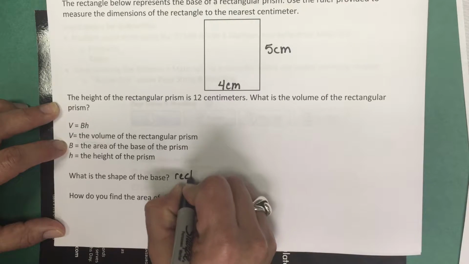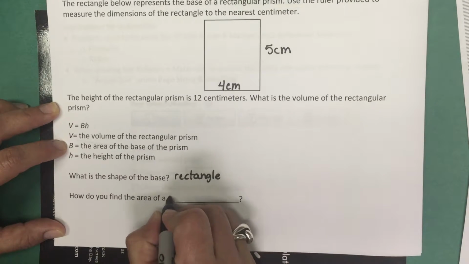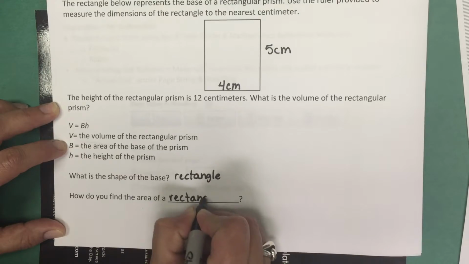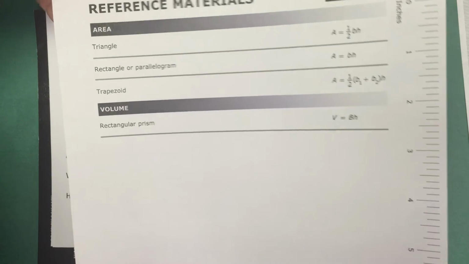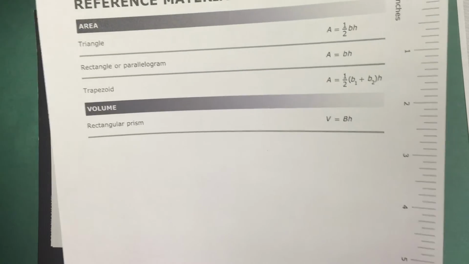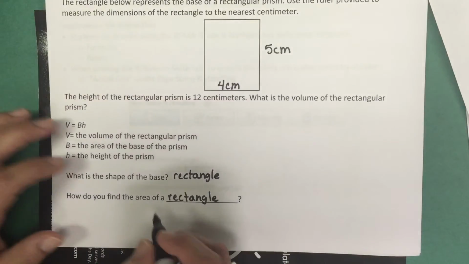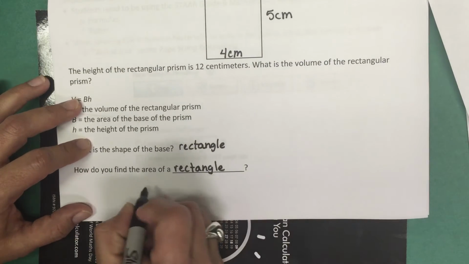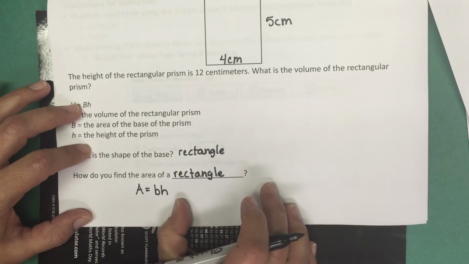So what is the shape of the base? Well, we know it's a rectangle. So how do we find the area of a rectangle? Again, if we go to our STAAR formula chart, or reference materials, we're going to see under area, we have a formula for rectangle or parallelogram, and that formula is A equals BH. So to find the area of a rectangle, area equals BH, or base times height.